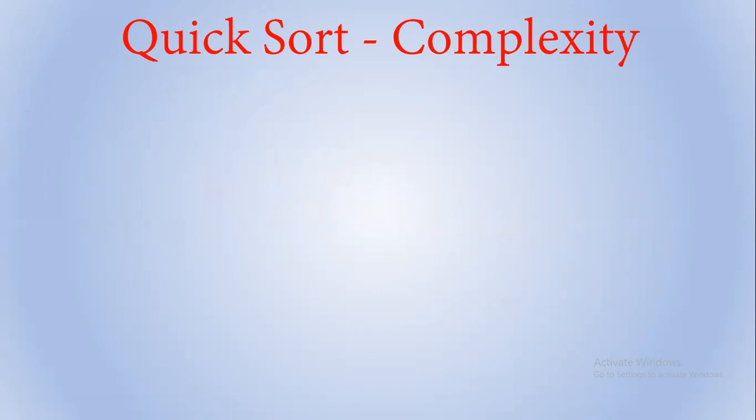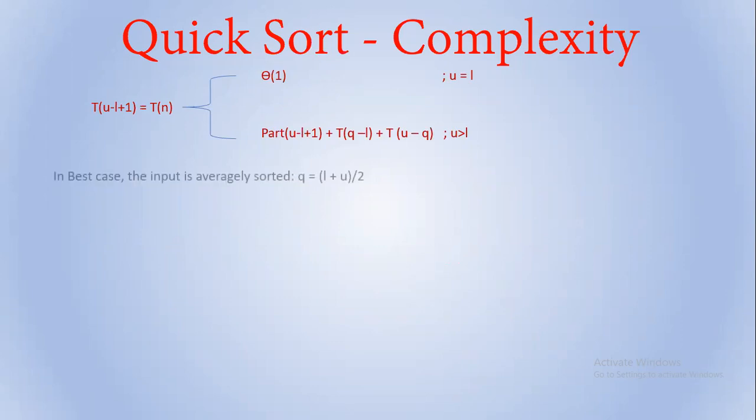So we will now discuss the best case. This is the general equation for quicksort that we derived earlier. So what will be the best case? In the best case, we say the input is averagely sorted. That means it is not descending or ascending. It is a mix. In that case, we get Q as (L plus U) divided by 2.